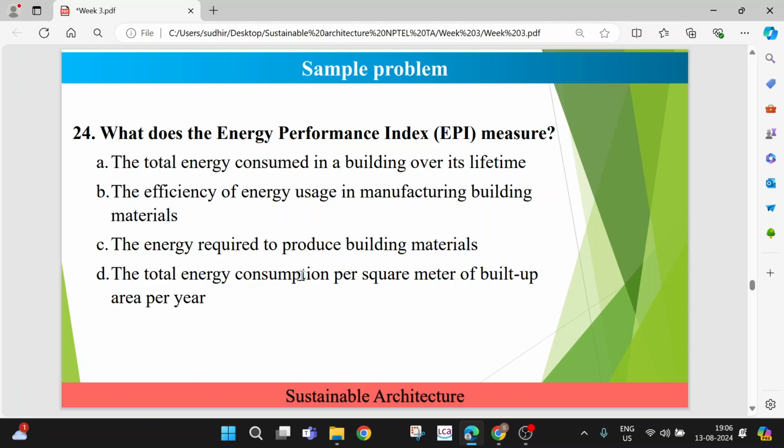Energy Performance Index, option D. Try to give only one answer and read all the options: it is either measuring the total energy consumed in buildings over their lifetime, or the efficiency of energy use in manufacturing building materials, or indicating the energy required to produce building materials, or, the last, the total energy consumption per square meter of built up area per year. Sivalingam is saying D.